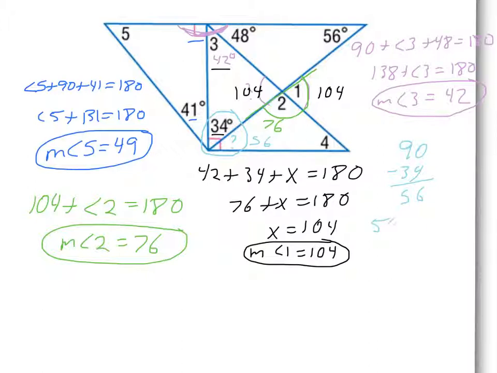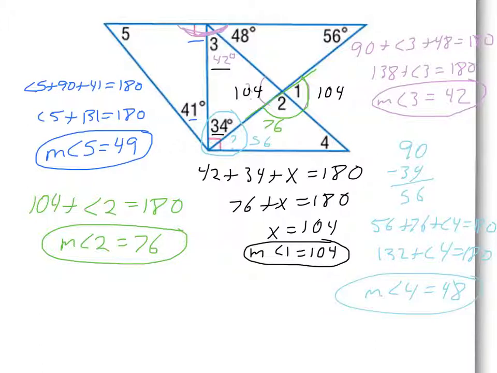So 56 plus 76 plus angle 4 equals 180. And then we just do the math. 132 plus angle 4 equals 180. And the measure of angle 4 equals 48 degrees.